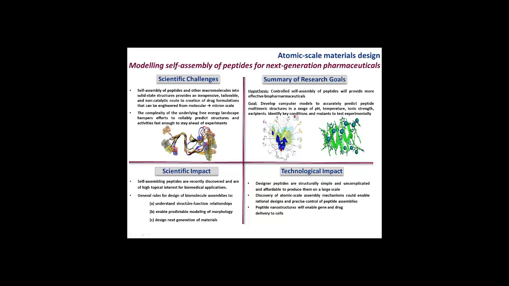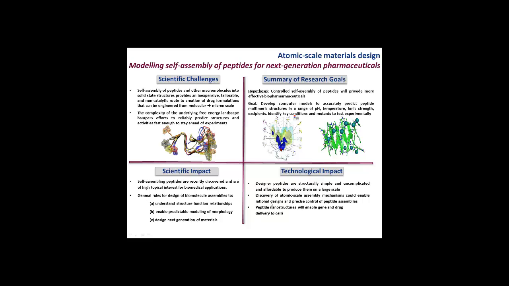So given a particular peptide sequence, what kind of polymorphs can we expect, and then use that to design new types of pharma materials. So in terms of impact on technology, if we can design peptides, well, they're structurally simple, they're uncomplicated, they're affordable to produce on a large scale. It's really green chemistry.